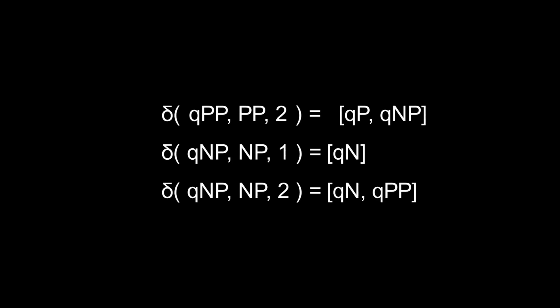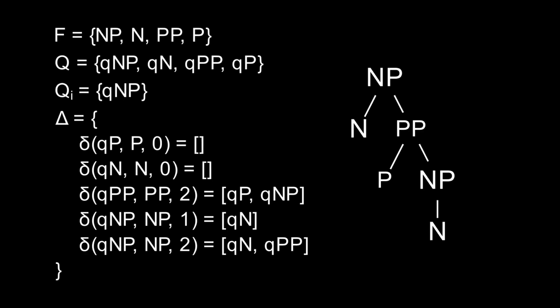Since we have two possibilities for the children of NP nodes, we have a rule for each number of children. If we have state QNP, and we read NP and have one child, then that child has state QN. If we have state QNP and we read NP but have two children, then those children have states QN and QPP. Here's a full top-down automaton for our example tree language.